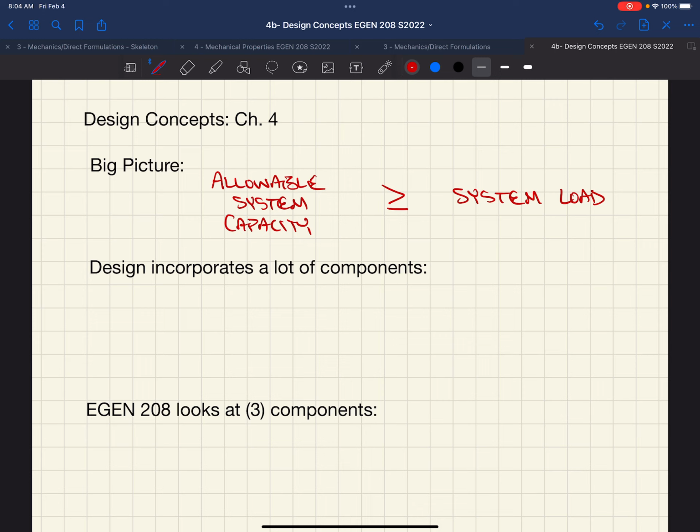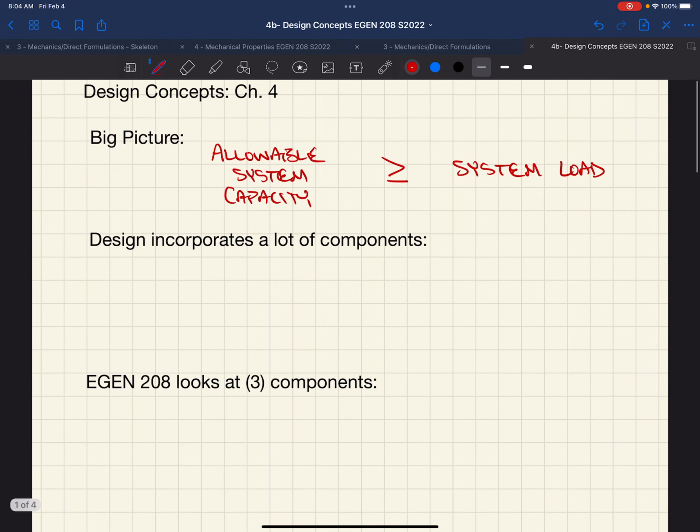You always got to make sure that the chair you're sitting on has more capacity than you're imposing on it by sitting on it. This has to happen for everything. When it gets cold outside, you got to make sure that the HVAC system for the university is able to handle the demands upon it. If not, then we get broken pipes and uncomfortable patrons like yourselves. So we always got to make sure that the allowable system capacity is greater than the system load.